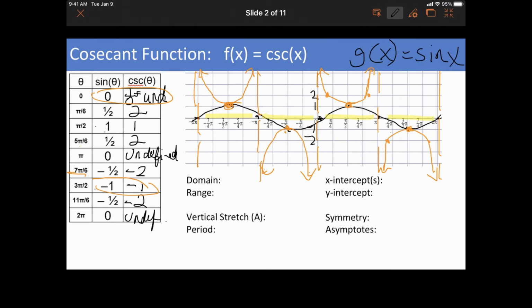And I'm going to write this in set notation. So x is an element of all real numbers except. Now, where is that? So I can see, I'm going to talk about asymptotes. Might as well talk about that there. So my asymptotes, I can see it's 2 pi, pi, 0, pi, 2 pi.